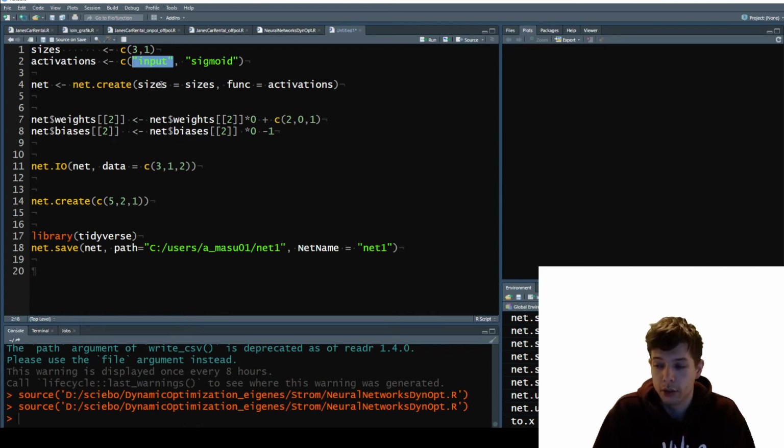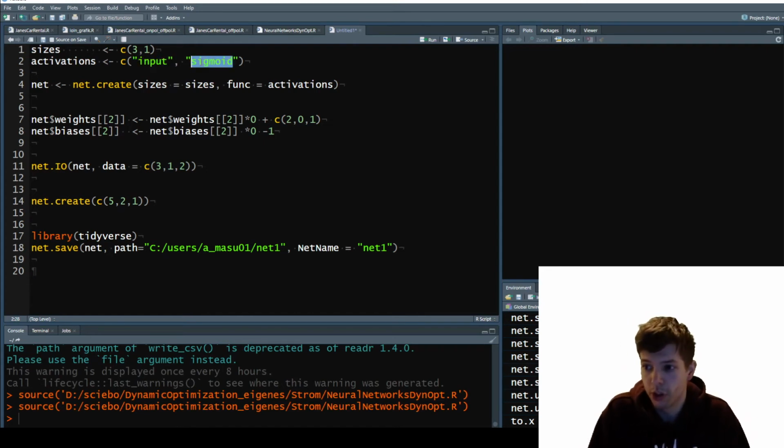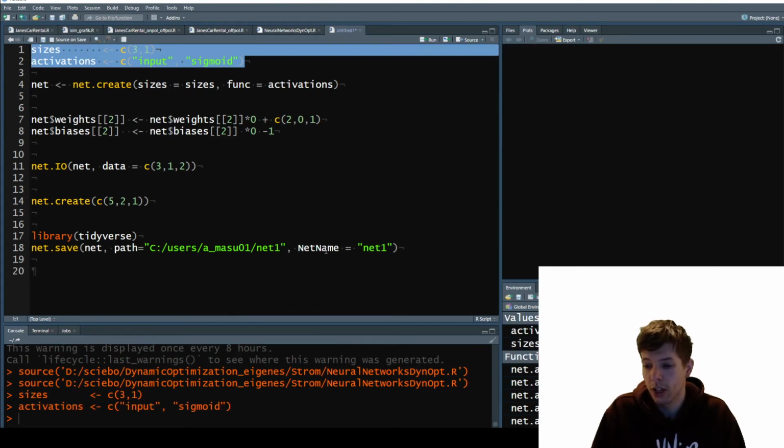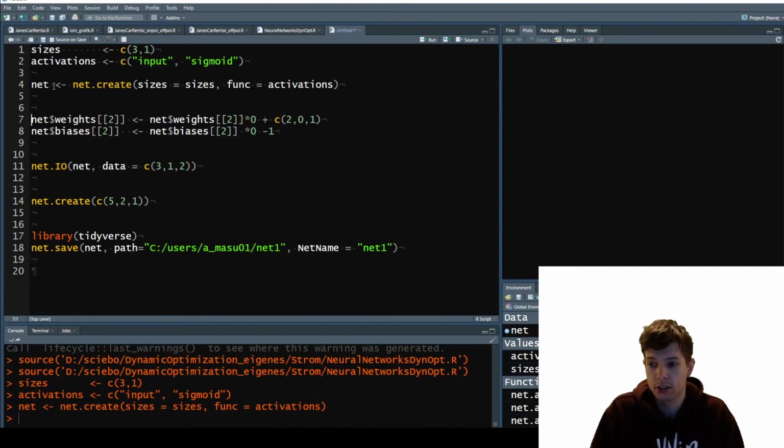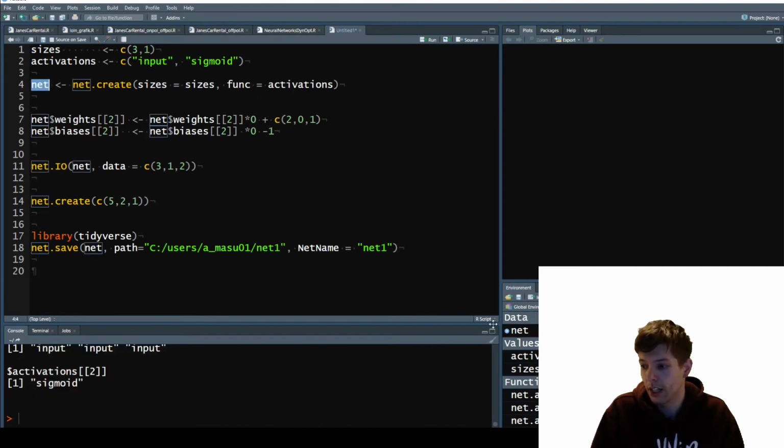So nothing really happens there, but the net, of course, needs to know that nothing must happen there, and we don't need any computation. And the second layer is, of course, a sigmoid function. So let's just run these two lines so everything is in our environment. And with these two lines, we can then create our net with a net create function given some sizes and some activation functions. So let's create that net and let's have a look at this net.